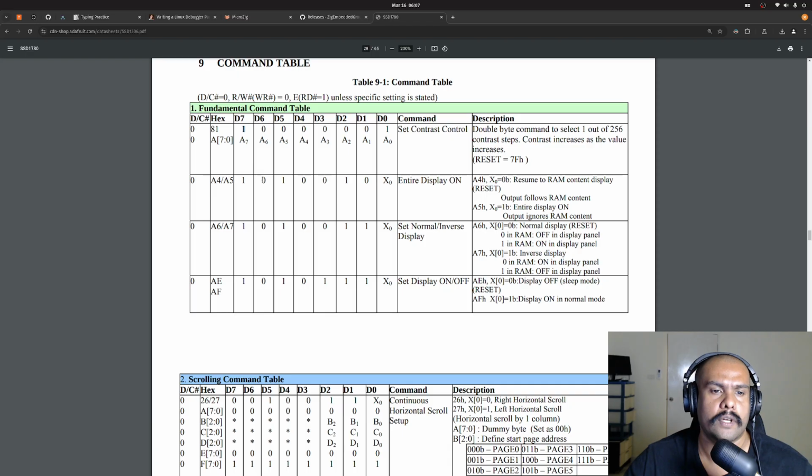So, okay, still 0 because it's a command. And then A4. So I mean, if I set either of them to 1, to high, A4 or A5, that means it turns the display on. Oh, interesting.